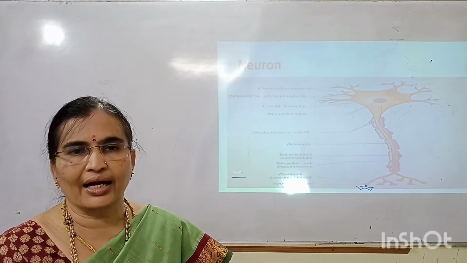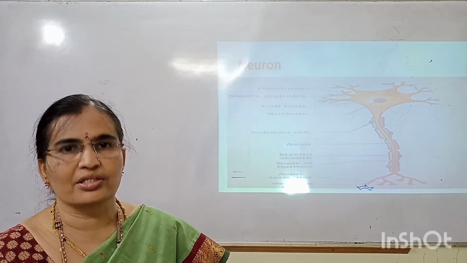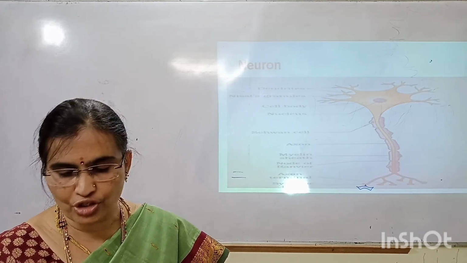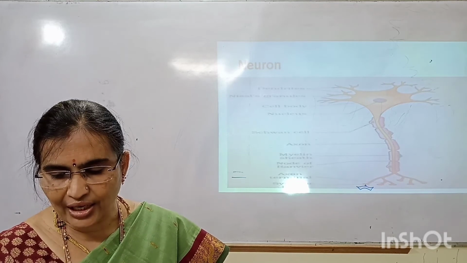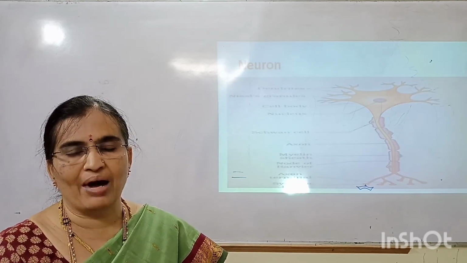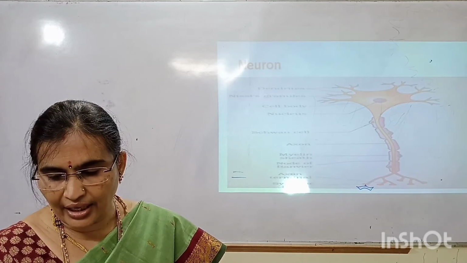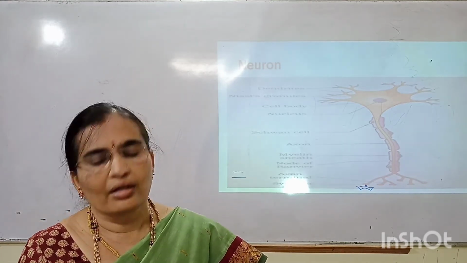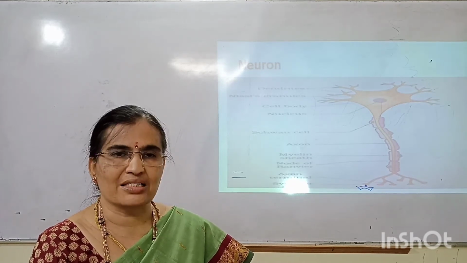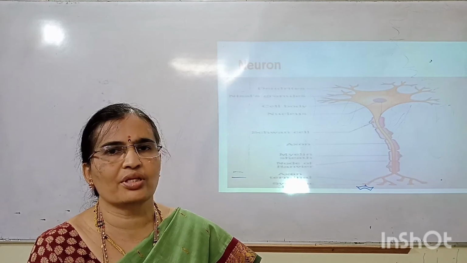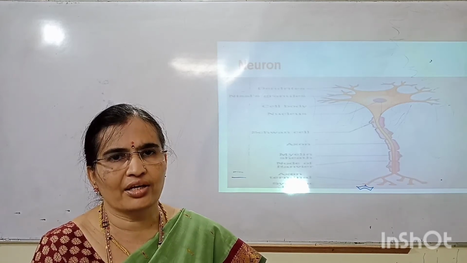The next, arthritis: inflammation of joints. Next, osteoporosis, an age-related disorder characterized by decreased bone mass. Calcium salts are present in bone, because of which the bones are tough and very rigid.